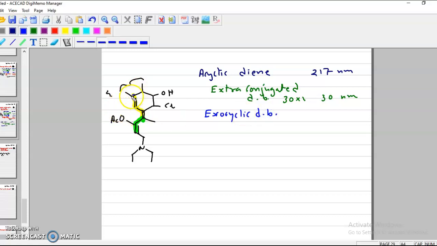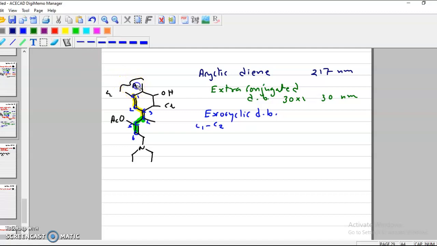Now give numbers to each carbon of the system: 1, 2, 3, 4, 5, and 6 carbon. So there are a total of 6 carbons in the system. Now check each double bond. First of all, the double bond is between C1 and C2. Is it exocyclic for any ring? Yes. Why?